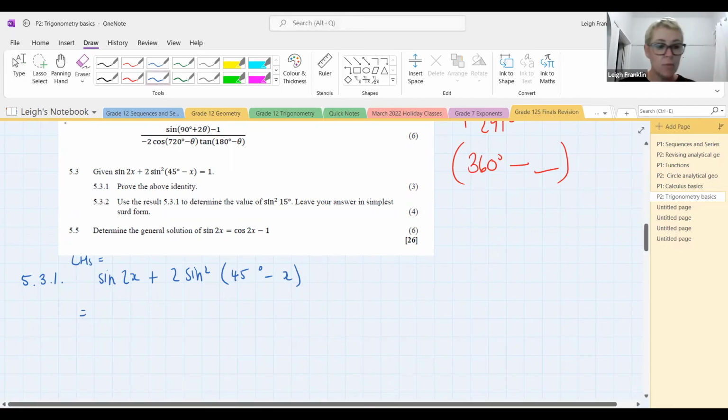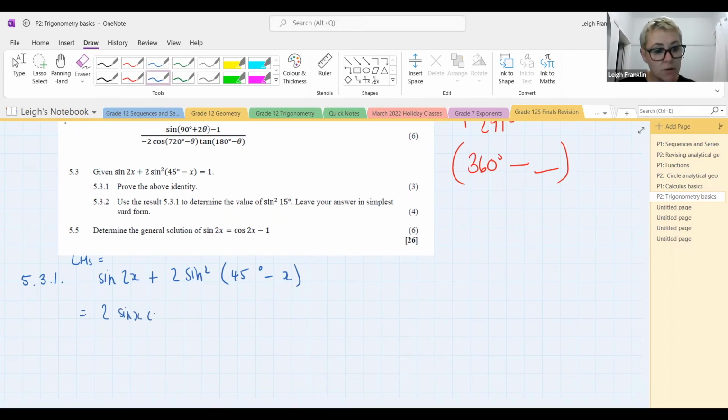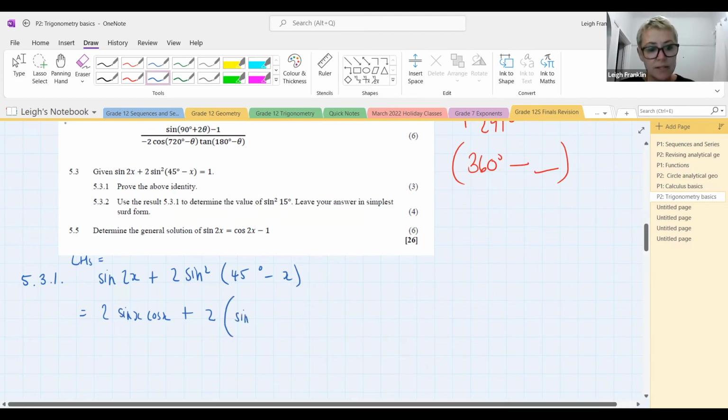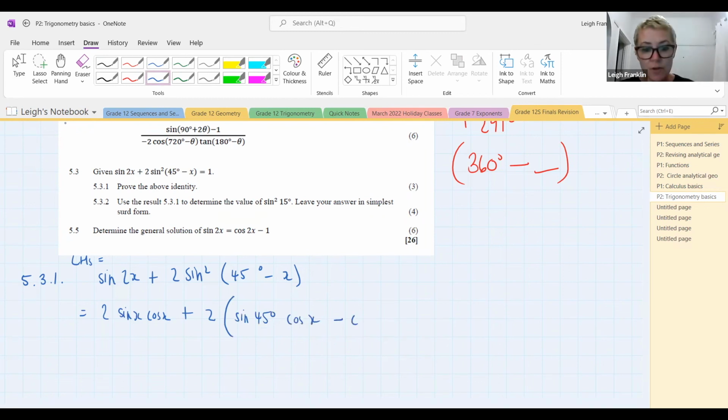So we're going to end up with sine 2x, which we know is 2 sine x cos x. And then here plus 2, and then I'm going to use my compound angle expansion. So I'm going to write this as sine 45 cos x minus cos 45 sine x, and that has to be squared, because of my square over here.